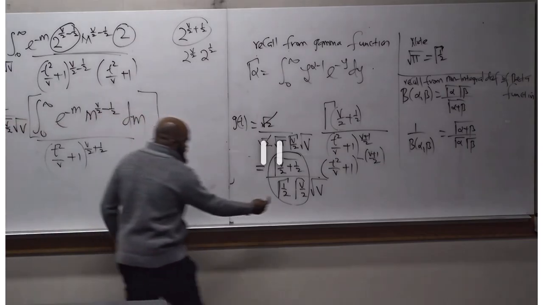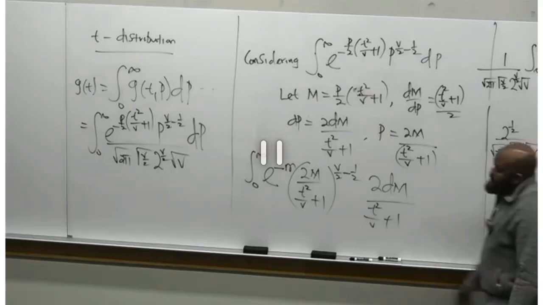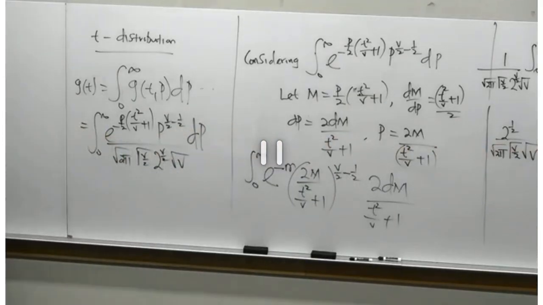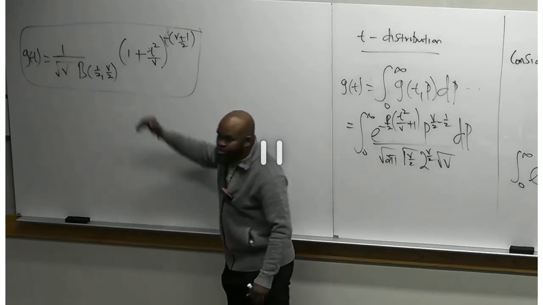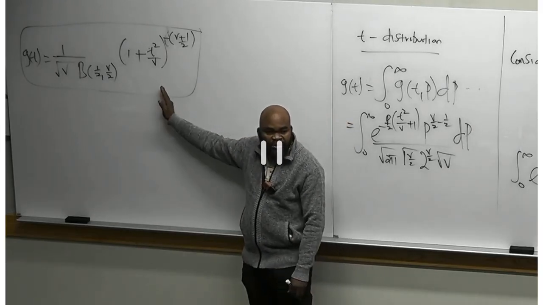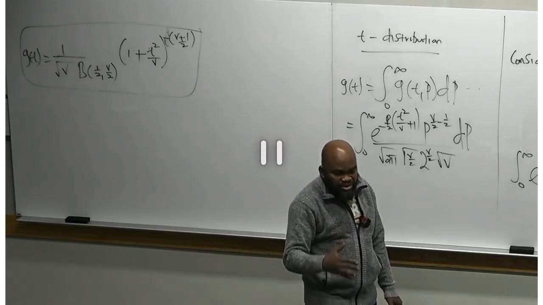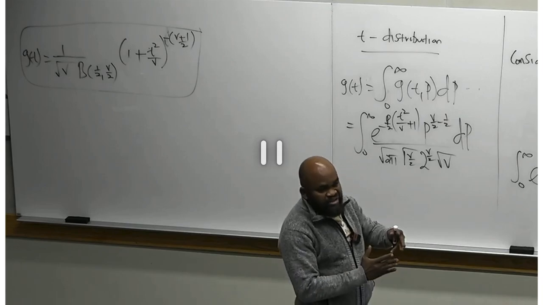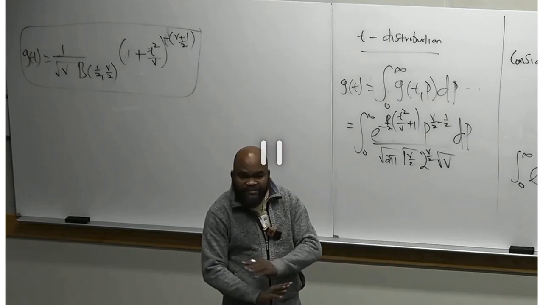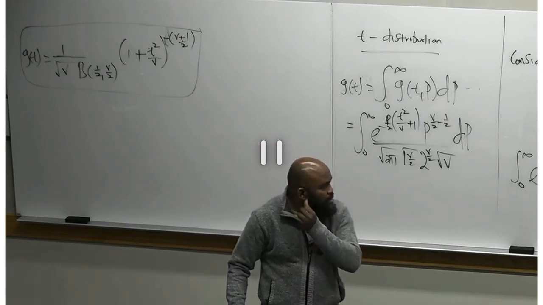This guy is that. Anywhere in the world, this is a distribution. This is a T distribution. So we derive our T distribution from that. You can see this is highly mathematical. We call this theory of statistics.